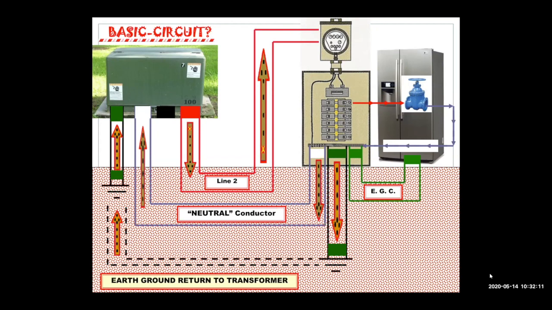Now, in a short circuit, we have current coming back through the equipment grounding conductor to this bar, and you say, well, it goes through the ground wire back, yeah, but it also goes back through the neutral wire. So anything that's coming back to this bar will find its way back to the transformer, either through the neutral wire, which is the best way.